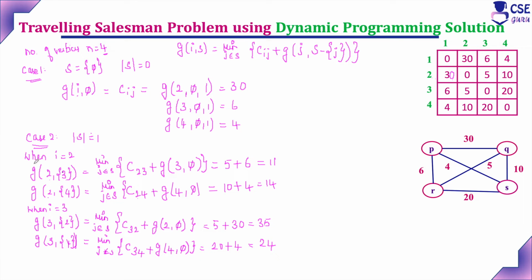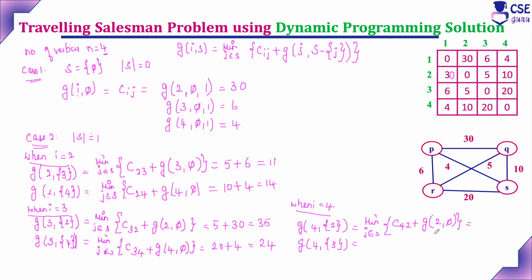Okay. So this is when I is equal to 2. This is when I is equal to 3. Similarly, I will write here when I is equal to 4. G of 4, comma, after visiting the fourth city, the choice may be 2 or 3. Okay, the same function we have to implement. That is minimum of J belongs to S, C42 plus G of, after visiting the second city, there is no other city to be visited.